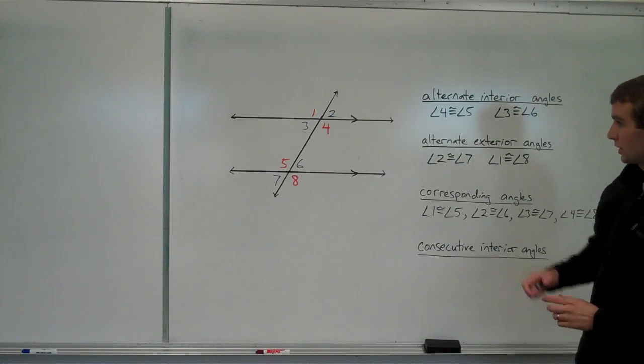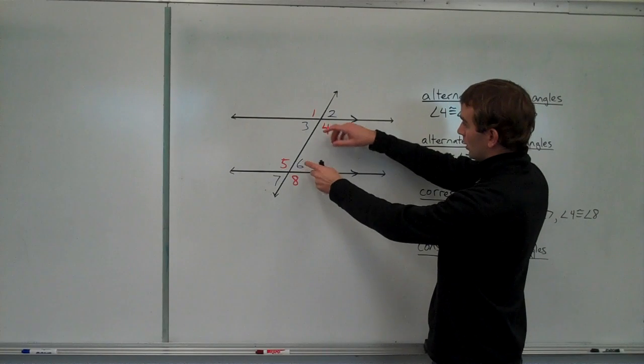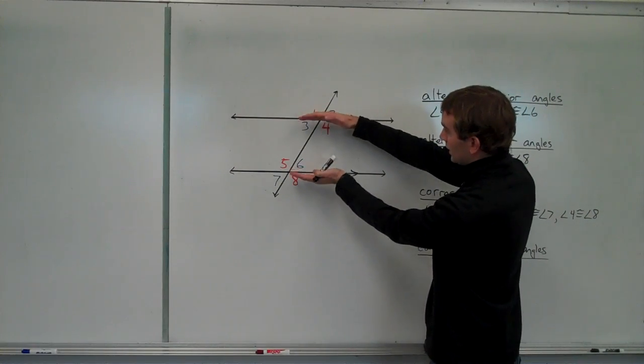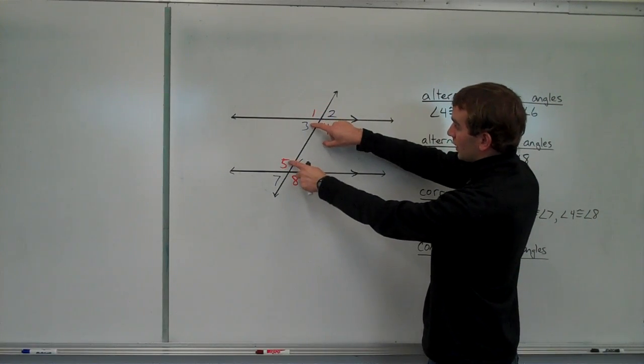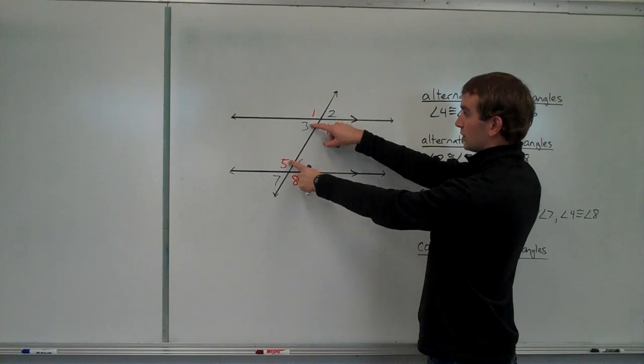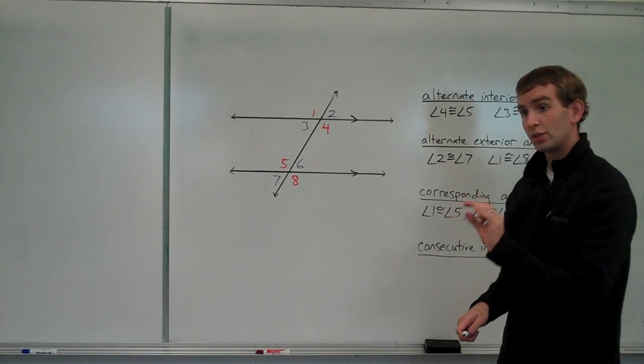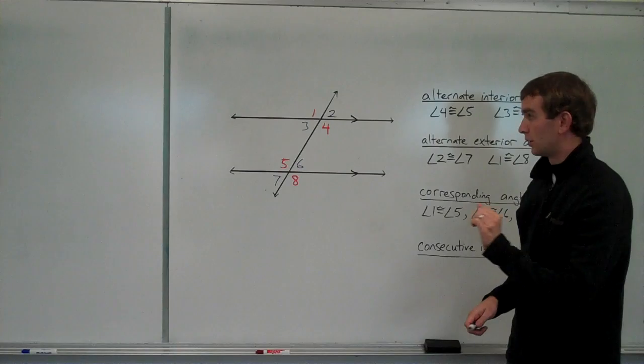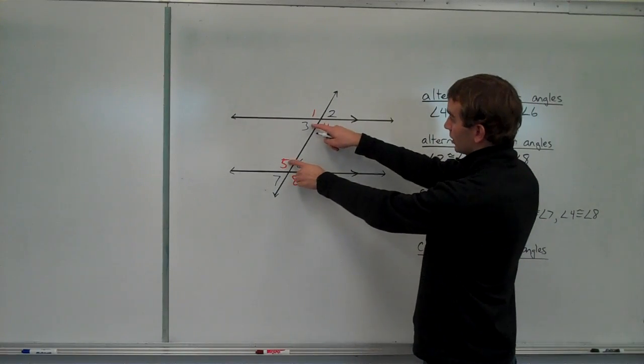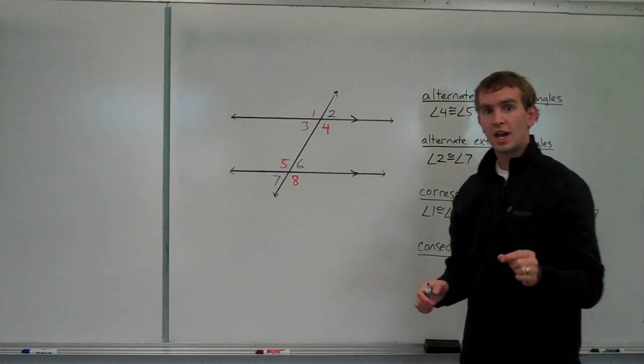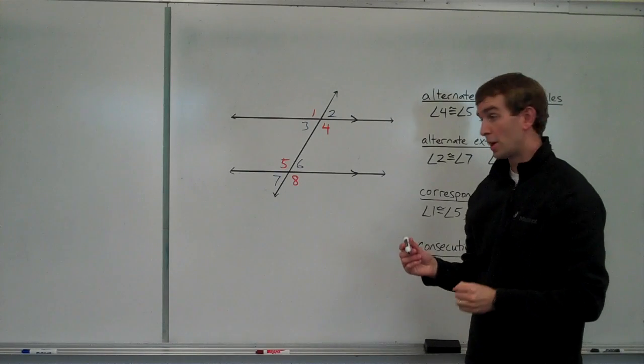The last one, consecutive interior angles, are going to be on the interior of our parallel lines and on the same side. So for example, angle 3 and angle 5. Now the relationship here is different. These aren't congruent to each other, they're different colors now, but they add up to be 180 degrees, so they're supplementary.